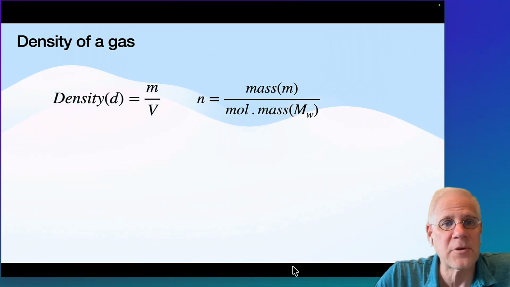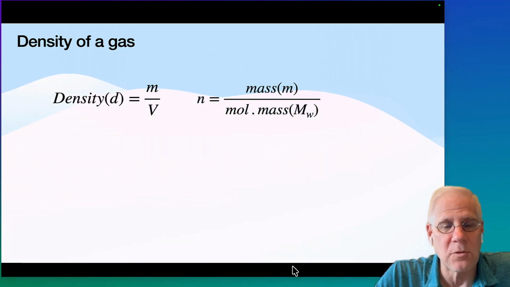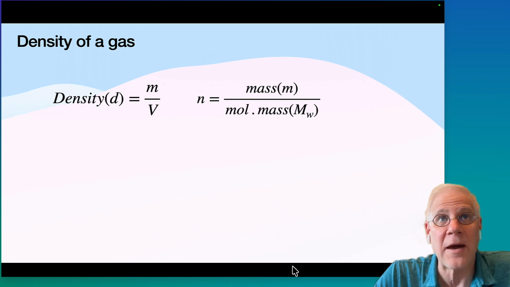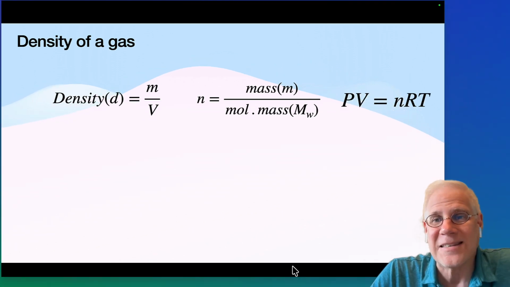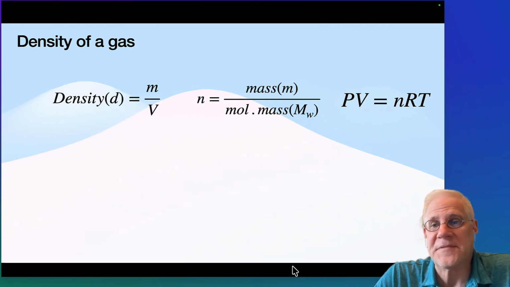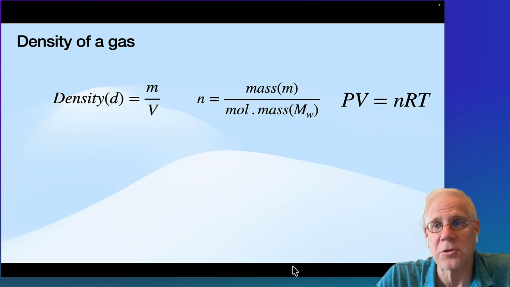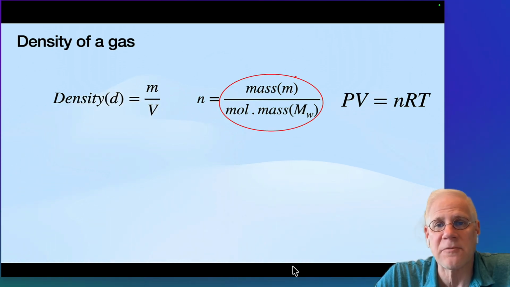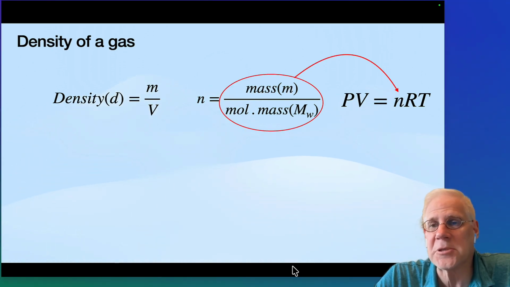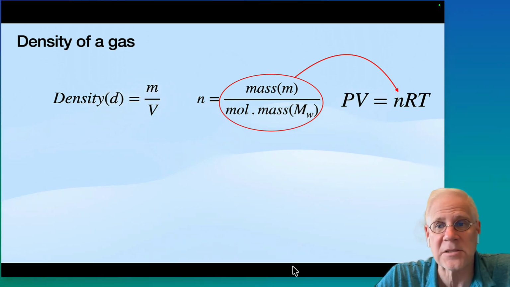And we don't often look at necessarily the mass of a gas in that sense, and we don't have the term mass in our ideal gas law. Now, our ideal gas law is PV is equal to nRT, as we saw just in the previous lecture. Well, what we can do here is take our expression for n and substitute it into our ideal gas law.